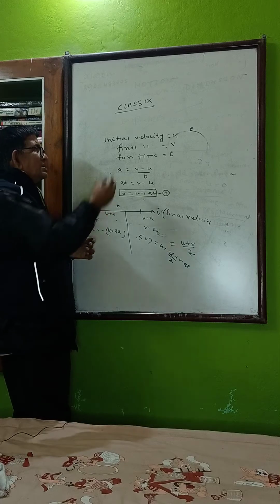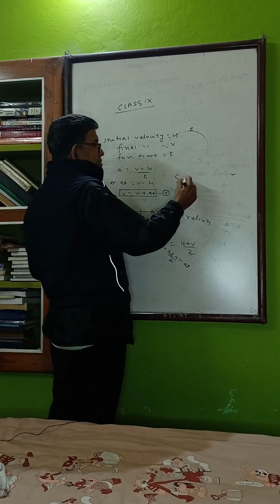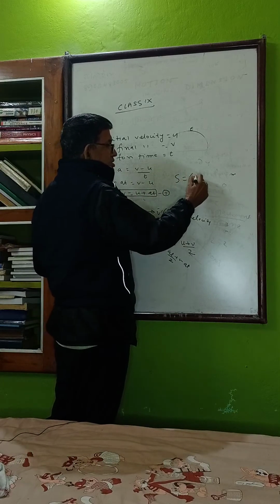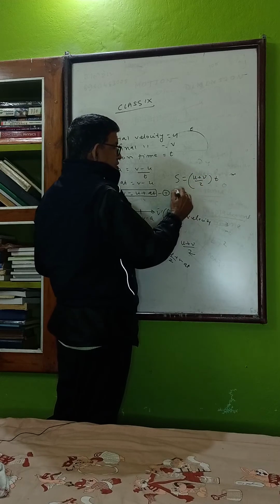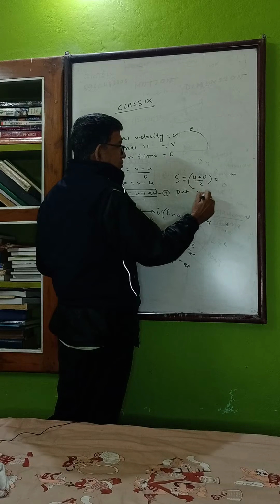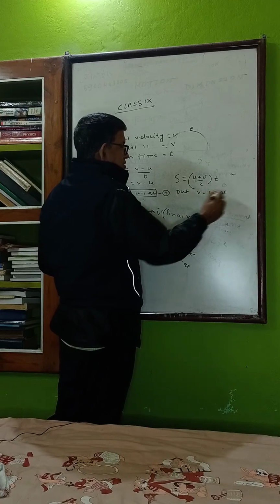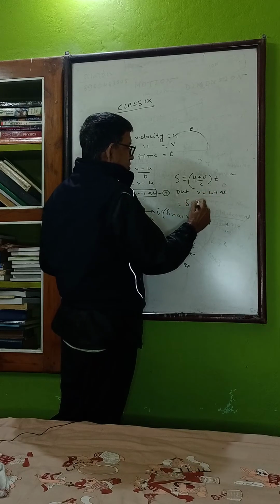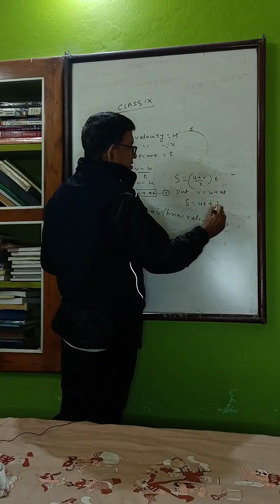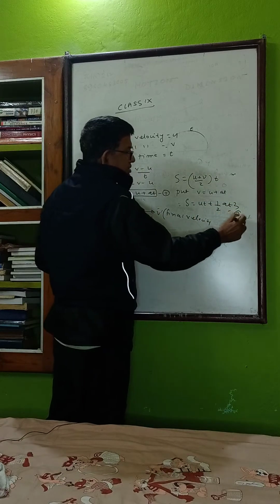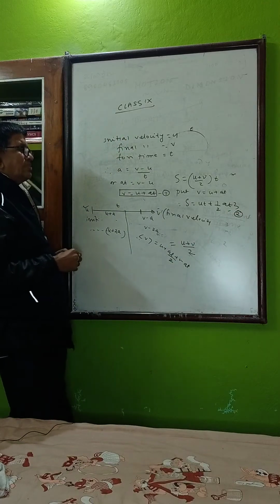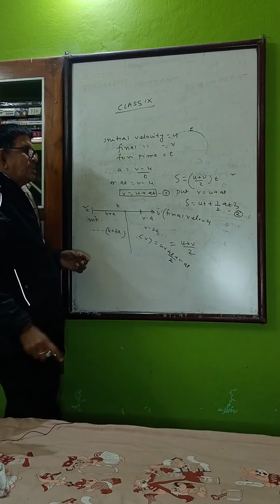In that case, displacement s equals average velocity into time. Put v equal to u plus at. So we have s equal to ut plus half at squared. This equation is very important for numericals. We will face some numericals with the help of this equation. s equal to ut plus half at squared.